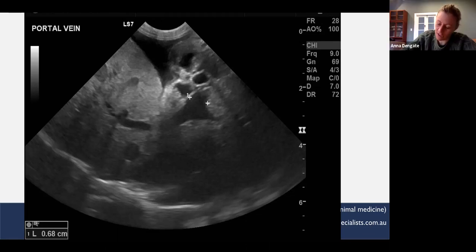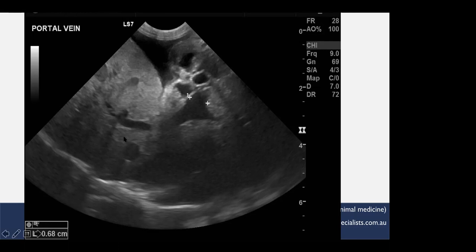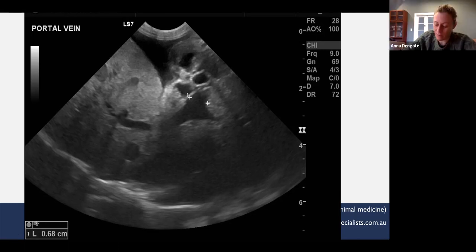So we've got congestion in the portal vein outside the liver. And then, these are actually end-on vessels. So they'd be hepatic veins. I think they're hepatic veins as well. They don't have the bright walls that the portal veins have.